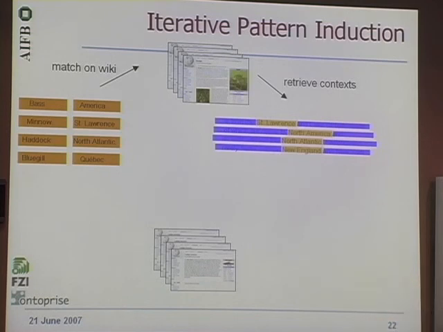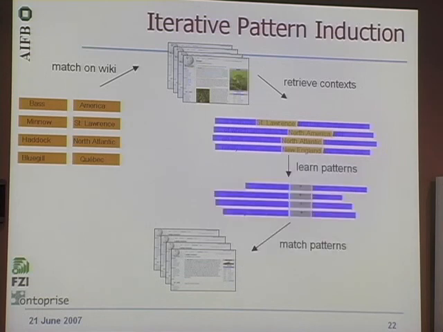So you find these explicit link elements and then the context by some text part in front of it and some text part behind it. So that is that simple notion of context. We are using that. And from these contexts, we generate some generalized patterns. That is done in a way as it is known from inductive logic programming, that you generalize the kind of descriptions in order to come up with some more generic descriptions.